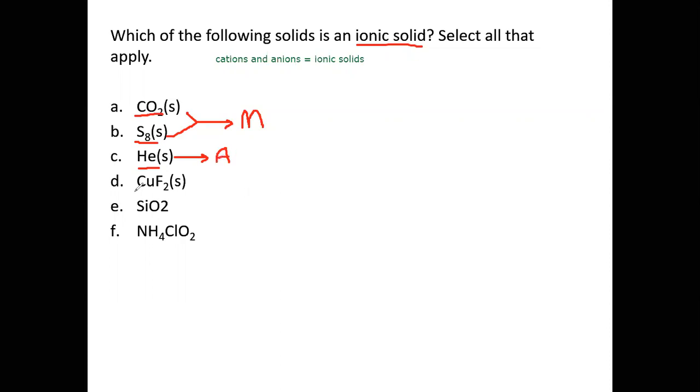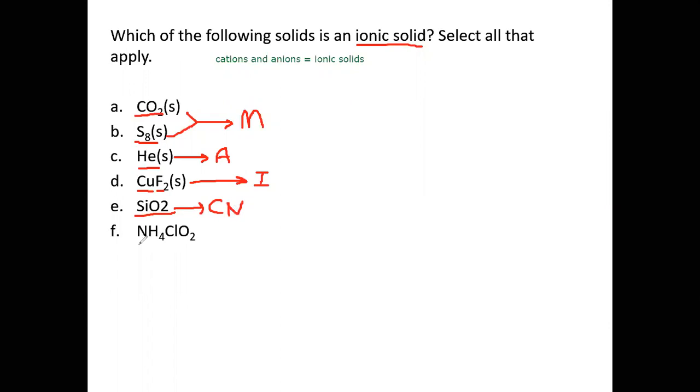Next, we have copper(II) fluoride. Here we have copper and fluoride, which is a metal and a nonmetal, which meets the requirements of cation and anion. So this is an ionic solid. Now SiO2 is one of the ones that was referred to as covalent network.